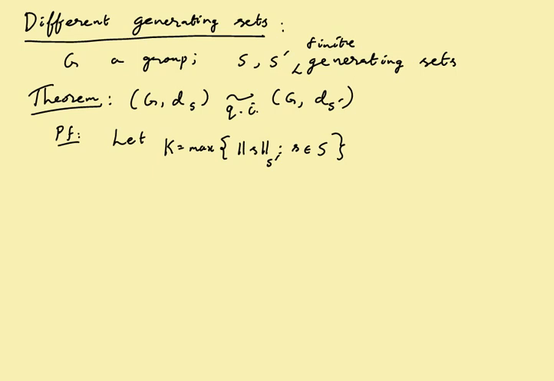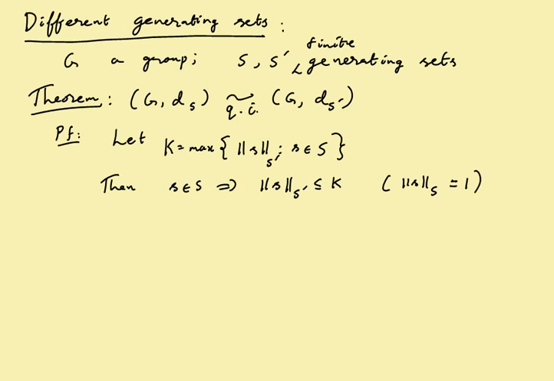Okay, so what does this mean? This means that s in S implies that the norm of s with respect to S prime is less than or equal to K. But recall that the norm of s with respect to S is equal to 1.